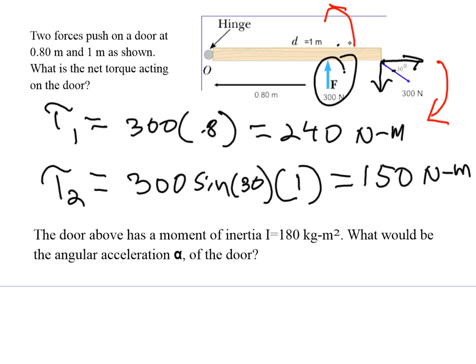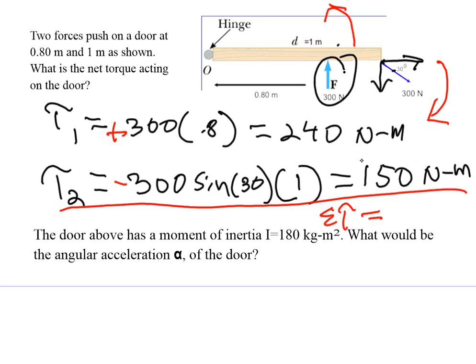Normally, counterclockwise, we call positive. So this will be a positive torque, and this will be a negative torque. So the sum of those two torques is just, this is a negative number, keep in mind, 240 minus 150, which is 90 Newton meters.